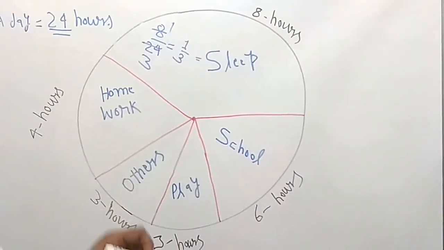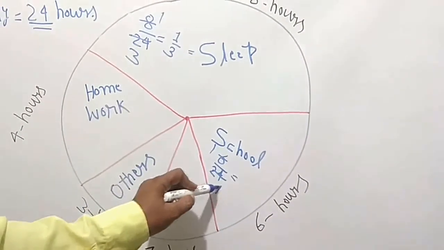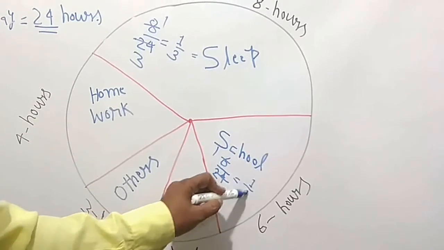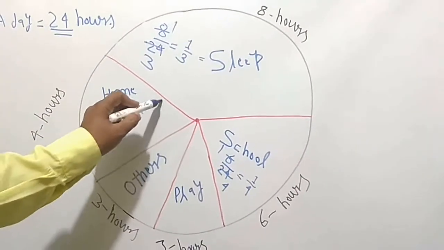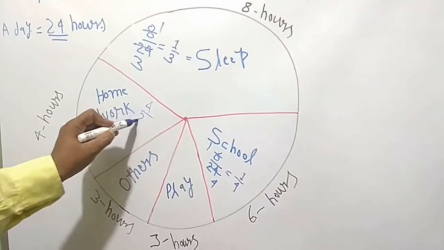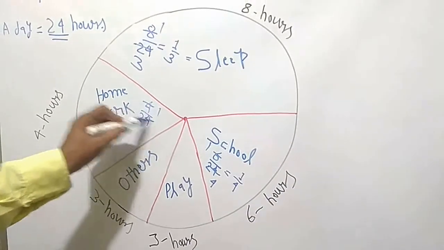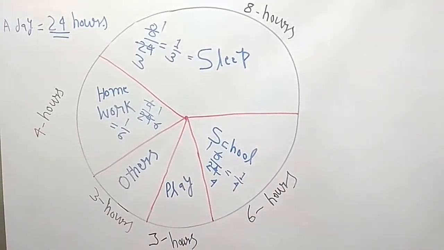Similarly, for the school timing, it is 6 upon 24. 6 1s are 6, 6 4s are 24. So it is 1 by 4 in the fraction form. Now for the homework, it is 4 upon 24. 4 1s are 4, 4 6s are 24. So it is 1 by 6 in the fraction form.